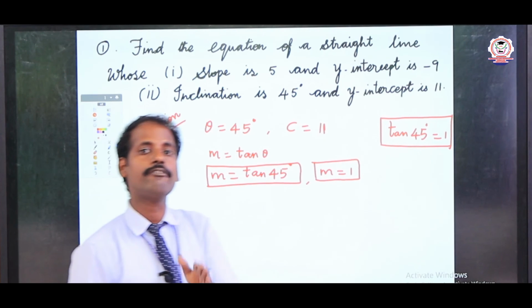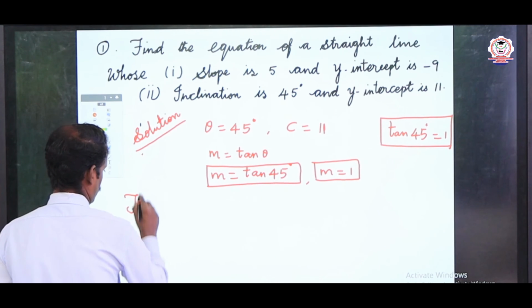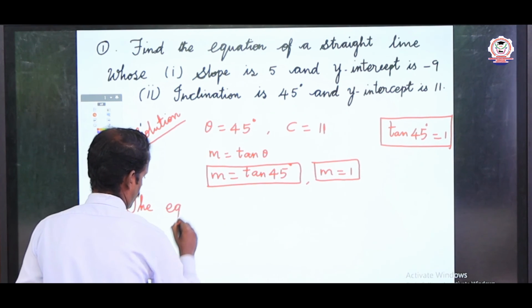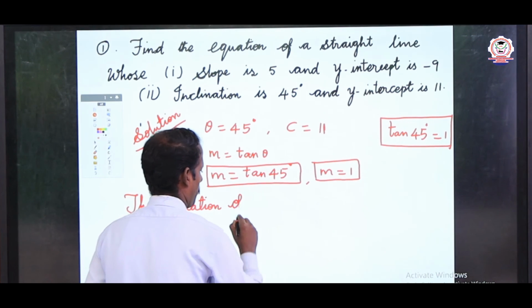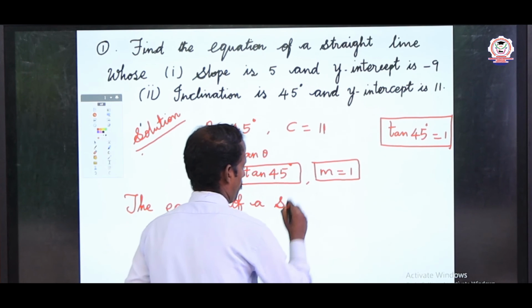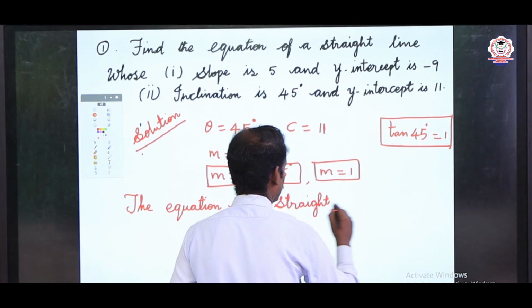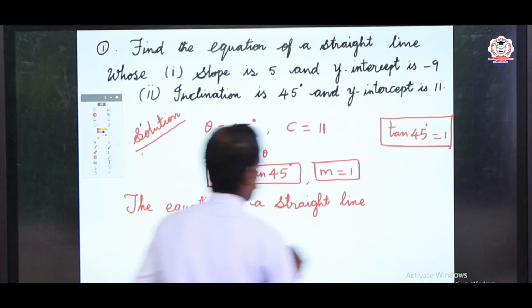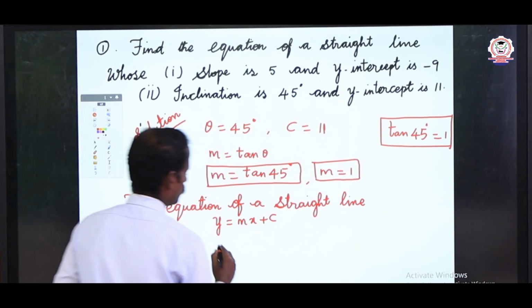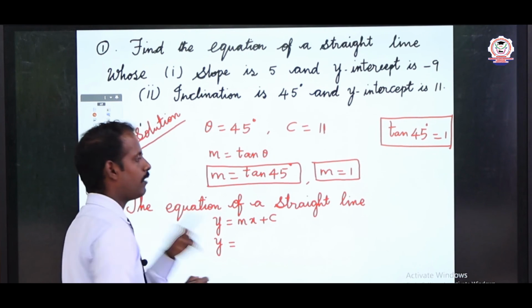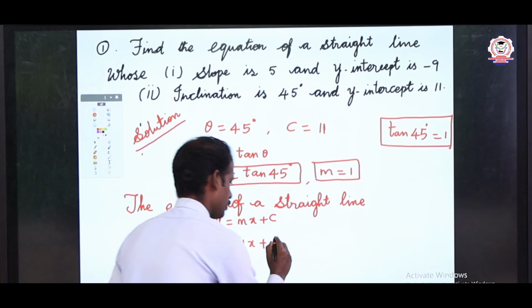Now the equation of the straight line is y equal to mx plus c. The m value is 1 and the c value is 11.